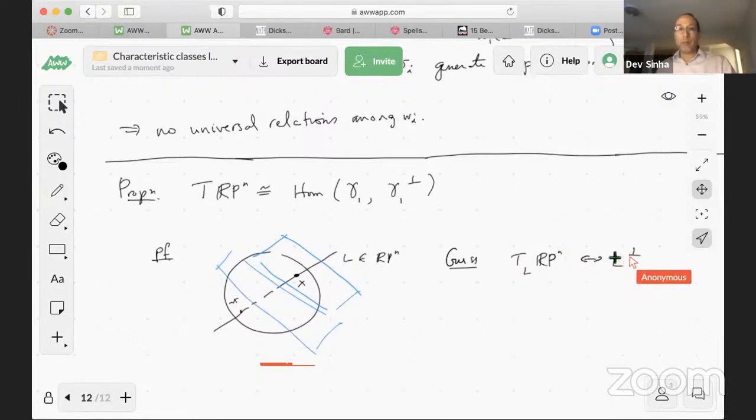But if you look at the statement of the theorem, that would say the tangent bundle was gamma 1 perp, not this Hom. And what happens is, if you think about it for a second, x and minus x are identified on the sphere.